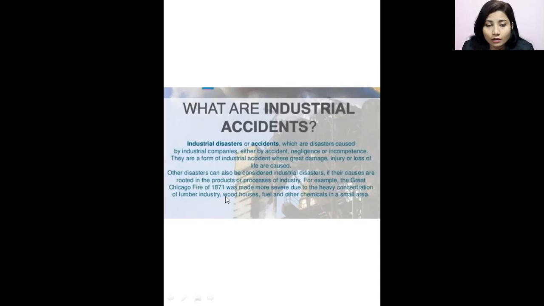If we take a recent example, in August 2019 there was a leakage of ammonia gas through pipelines in a fish factory in Karnataka. That resulted in the hospitalization of about 73 to 74 people. It happened due to human negligence.